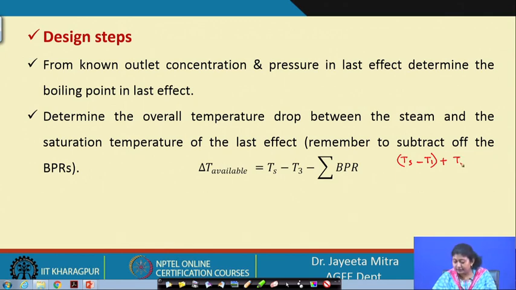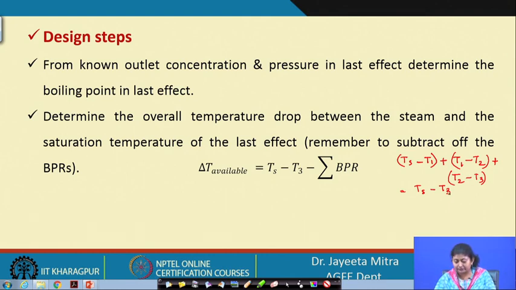So, in the second effect we get T1 minus T2, where T2 is the boiling point temperature corresponding to pressure P2 in the second effect. Now, the vapor coming out at T2 will enter the third effect. So, in the third effect we finally get T2 minus T3, that is, we get Ts minus T3 when there is no boiling point elevation.